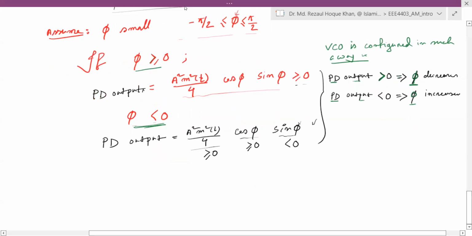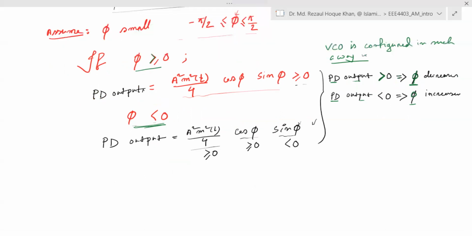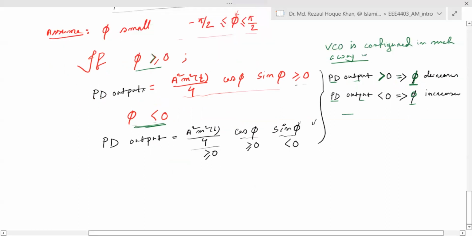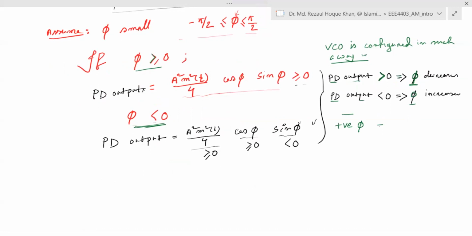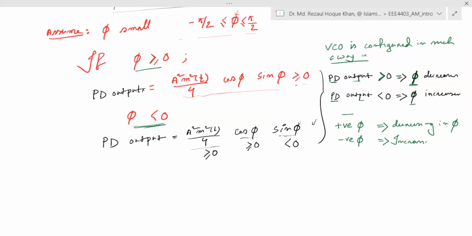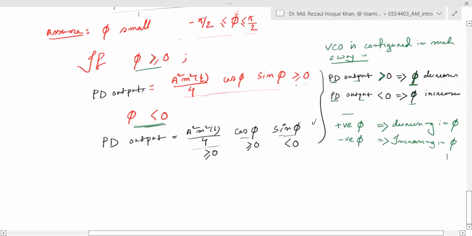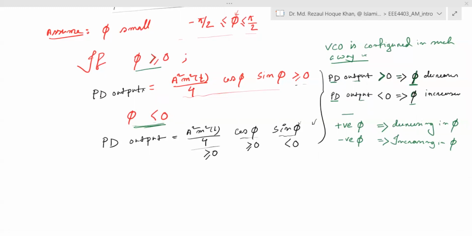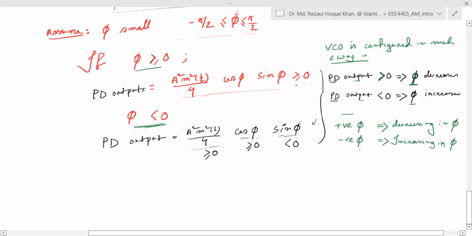In other words, the same statement we can write this way: positive phi makes a decrease in phase in the VCO, and in the opposite, negative phi makes an increase in phase.